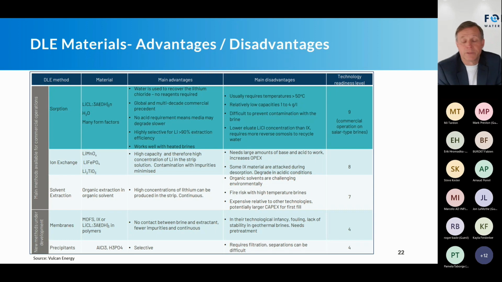Well, absorption material is something to take a look at right away, because that's going to help improve the recovery rate. The other challenge is that even though it can operate at a higher temp, it's highly selective, and the eluate is lower than ion exchange.